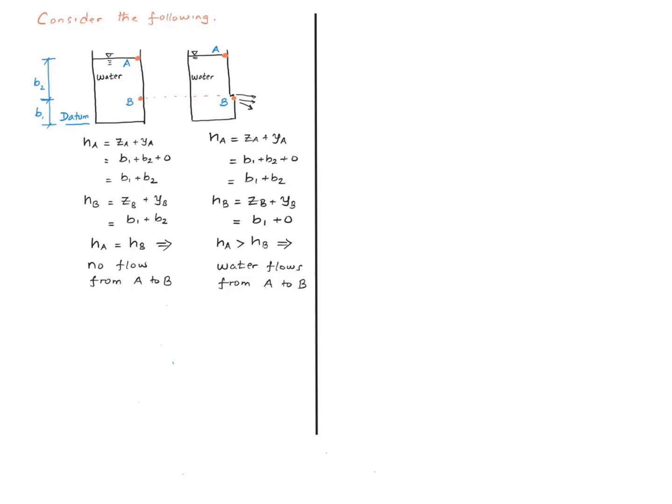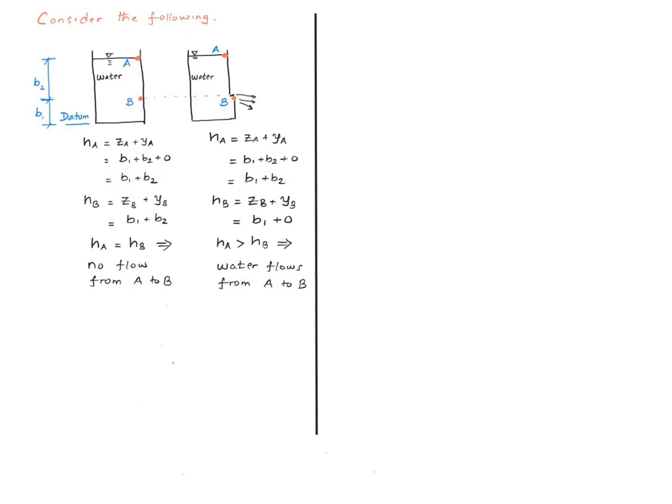On the other hand, if I come and punch a hole at point B, right, immediately this point is now exposed to the atmospheric pressure. And so now we go through the analysis. We find the total head at point A, which works out to be exactly the same as before. Here we got B1 plus B2, and here too we have B1 plus B2.